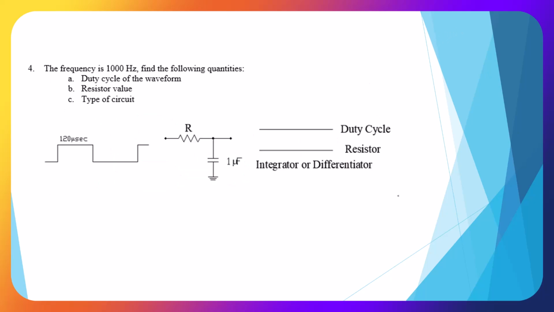Okay, we're going to need our calculator for this. And we have a frequency of 1,000 hertz. So we need to find our period. Tau, period, equals 1 over 1,000.